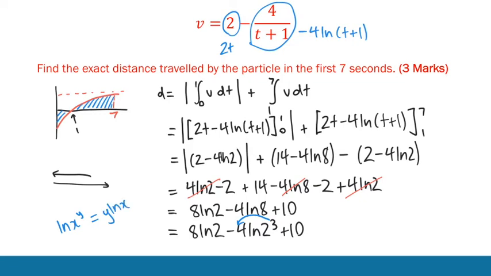Powers can be brought out the front of logarithms. So this actually becomes 12 log 2. And that means we can tidy this up a little bit more. We get 10 minus 4 log 2 meters. That's the distance traveled in the first 7 seconds.